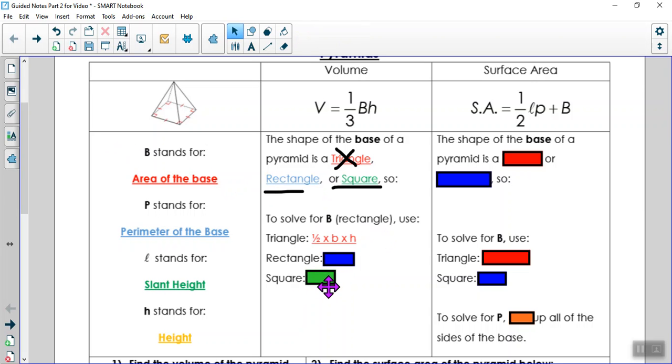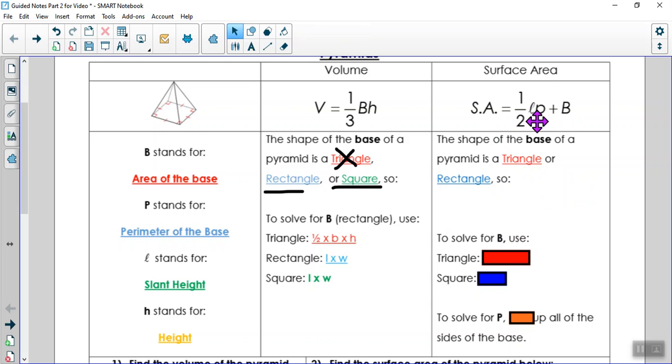But the ones that we're going to see this year, rectangle and square, both kind of have the same formula for area of the base. It's just length times width. So whatever that length and width are. For the square, they'll be the same number. Rectangle, obviously, two different numbers. For surface area, again, the bottom of the pyramid, it could be a triangle or a rectangle or a square, but rectangles and squares have the same formula, so we kind of just leave it at that.